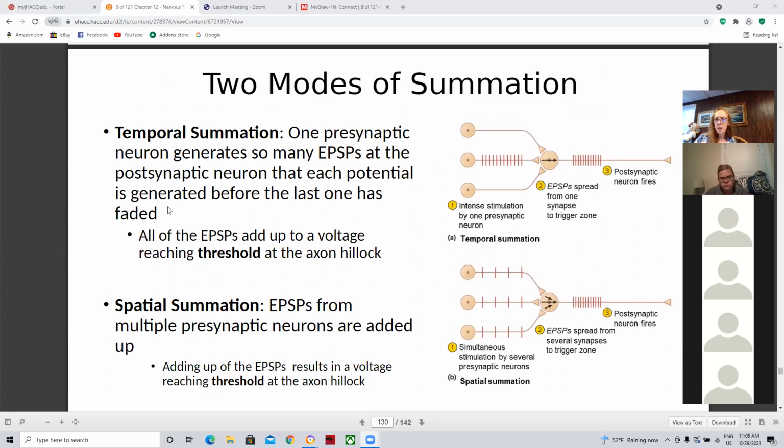Looking at this one, this is temporal summation. Each one of these is a separate presynaptic neuron. One presynaptic neuron sending multiple signals, that's temporal summation. When there are multiple ones all combining on one neuron and all sending signals, that's spatial.